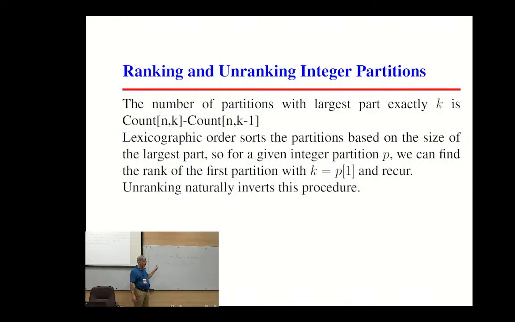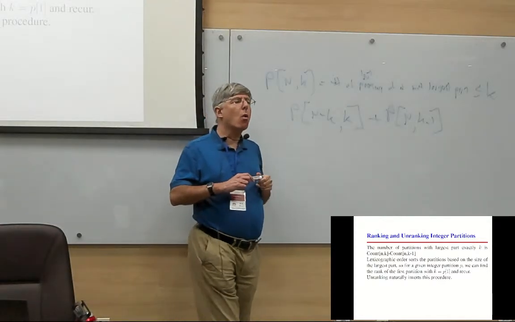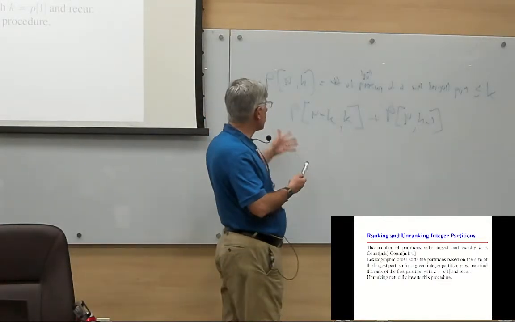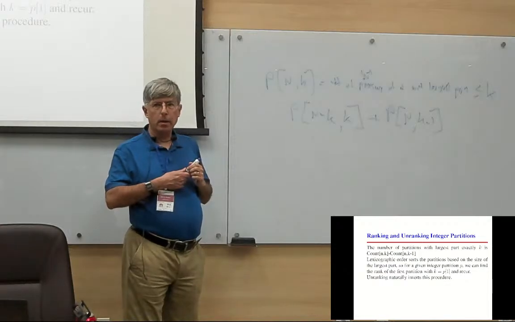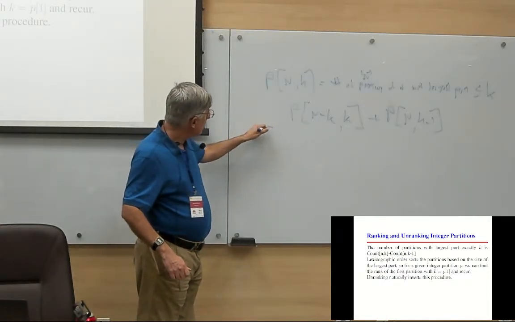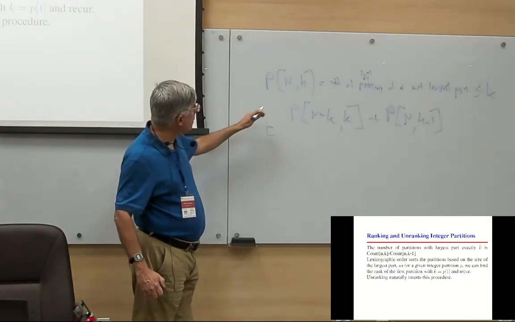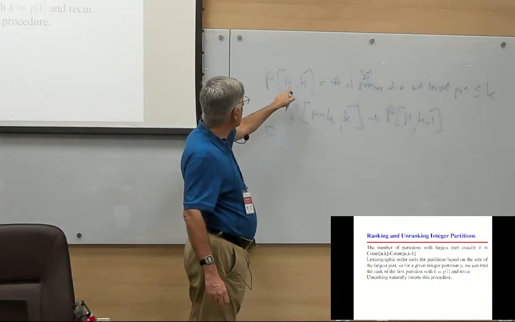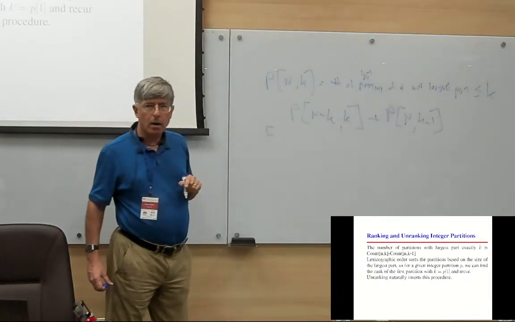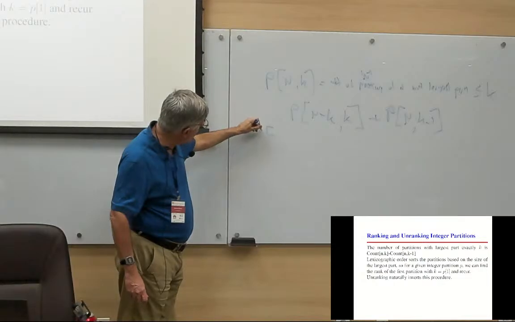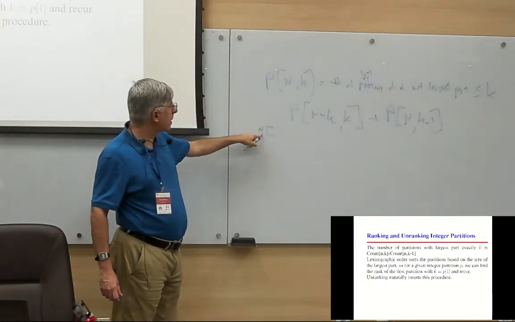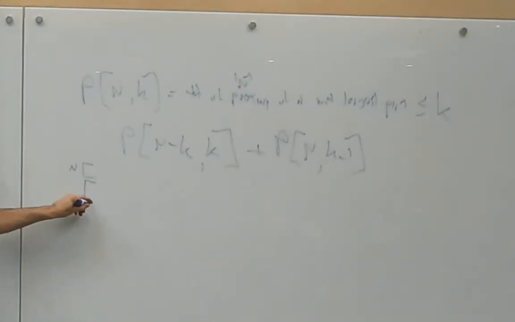How do we rank and unrank these things? Well, if we can count them, we should be able to come up with a way of ordering them. What is the natural order for our partitions? If we wanted to come up with all partitions of n, let's first use the ones which have largest part n.